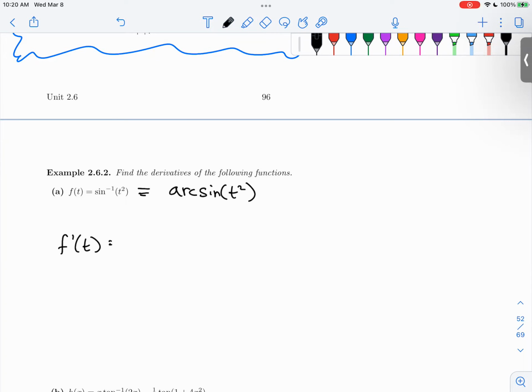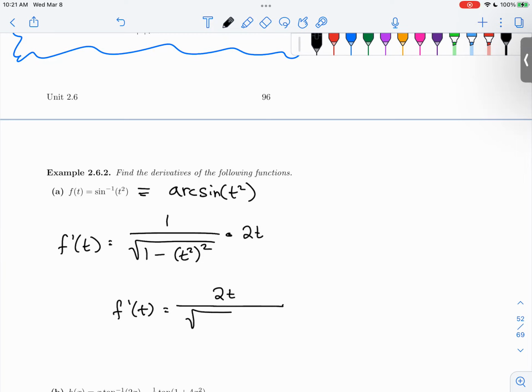So this is sine inverse of t squared, so it's going to be 1 over the square root of 1 minus t to the 4th times 2t. Which means that f prime of t should equal 2t divided by the square root of 1 minus t to the 4th. Because of the chain rule, yes.